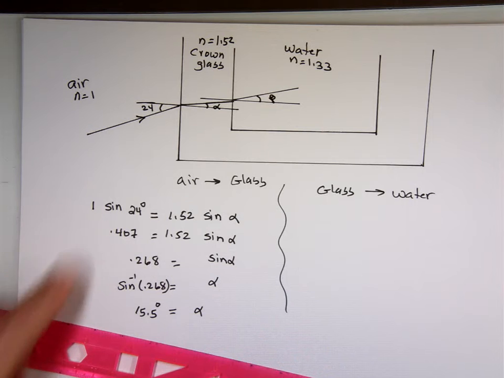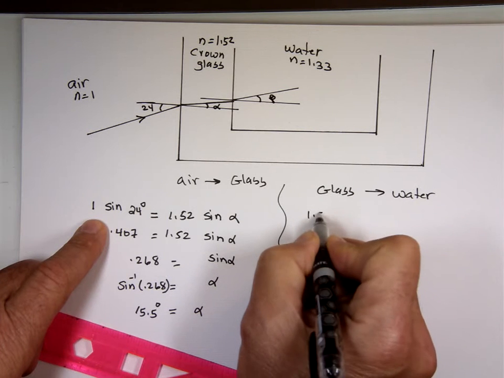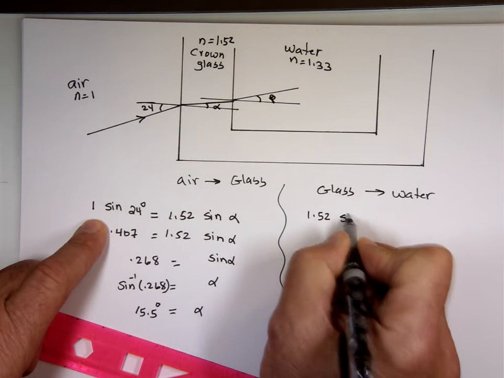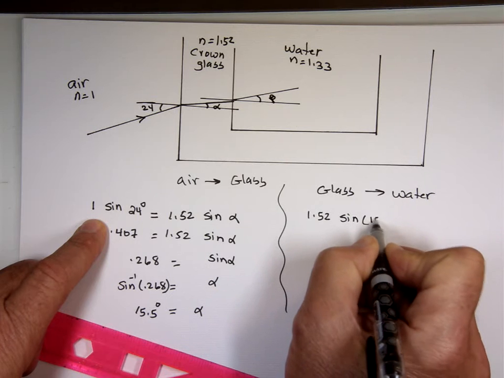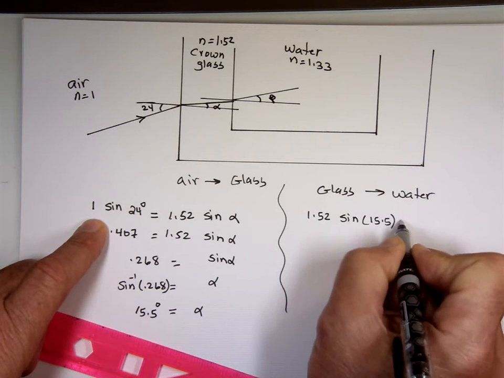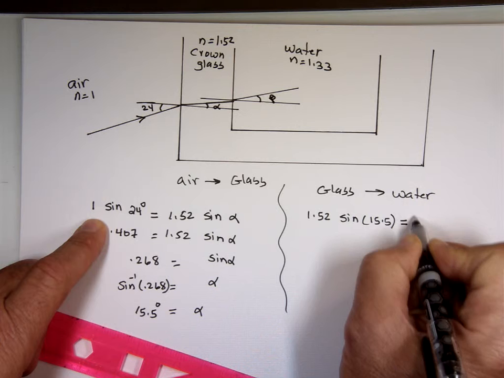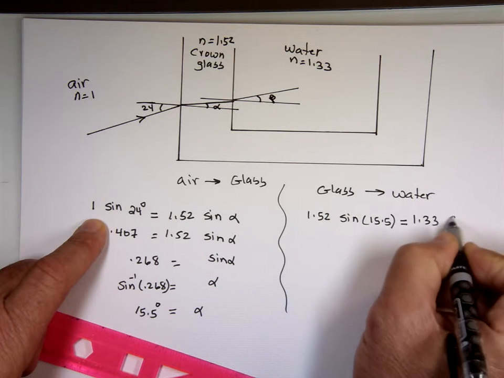Glass, N for glass is 1.52, sine of 15.5 should equal N for water, 1.33, sine beta.